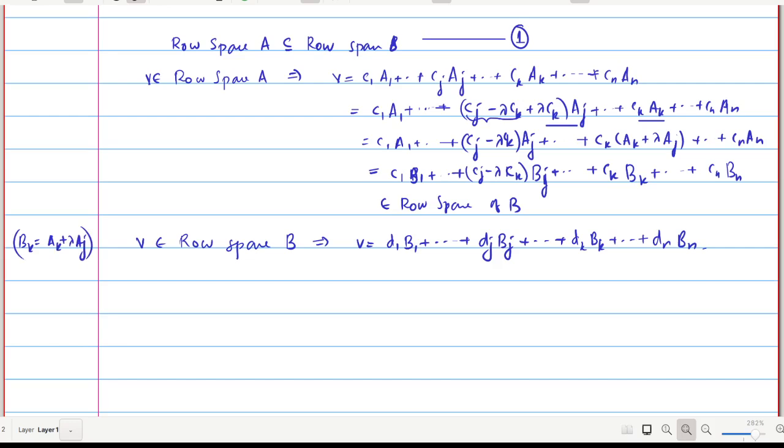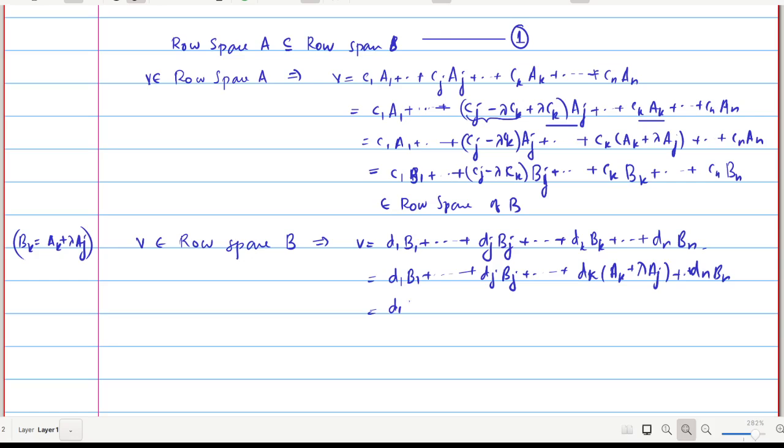So we get that this is equal to D1 B1 plus etc., Dj Bj plus etc., and this Dk times Bk, which can be written as Ak plus lambda times Aj, plus etc., Dn times Bn. Okay, now all these Bi's are the same as Ai's for i not equal to k.